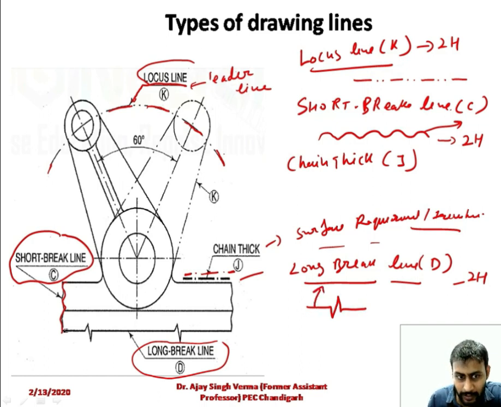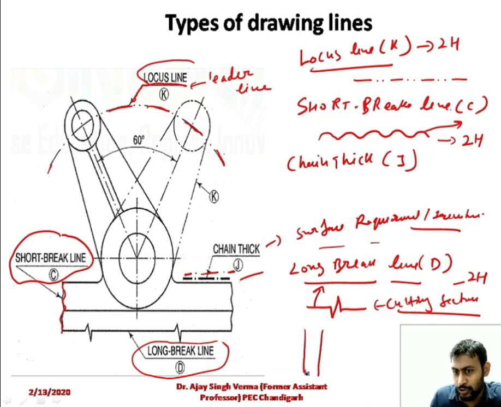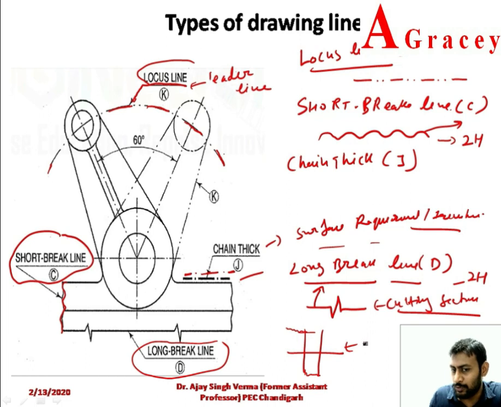Here we use it to represent cutting section points. Cutting sections on the object, we go for long break lines, that is, when the object is too long and has a continuous size and shape over a longer distance. So we avoid too long a distance, we cut this section and we mark the length of the object only.